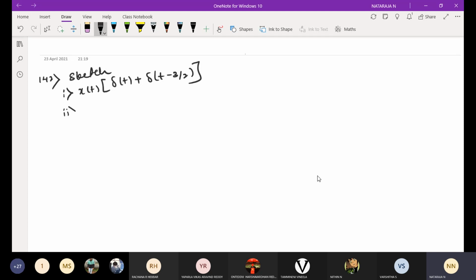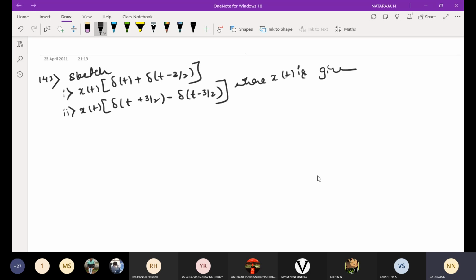Second one: x of t into delta of t plus 3/2 minus delta of t minus 3/2. Where x of t is given.